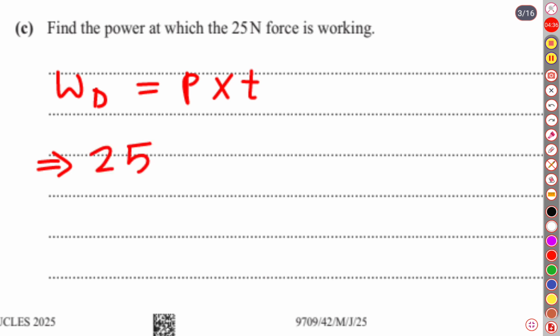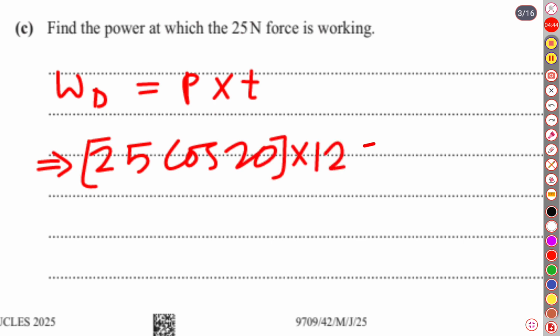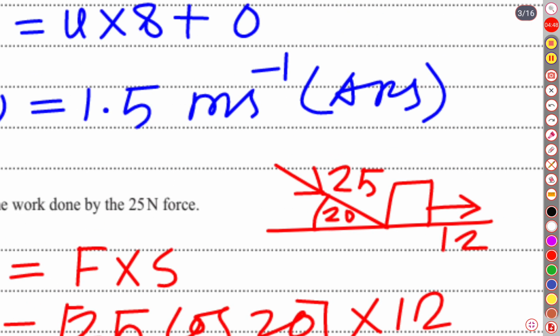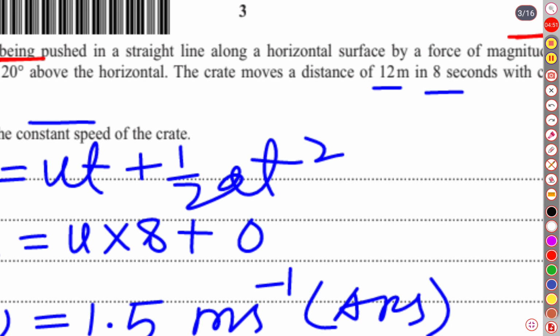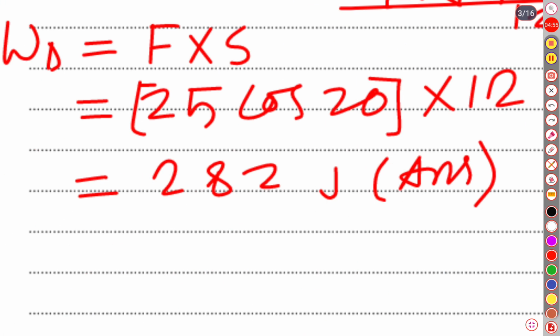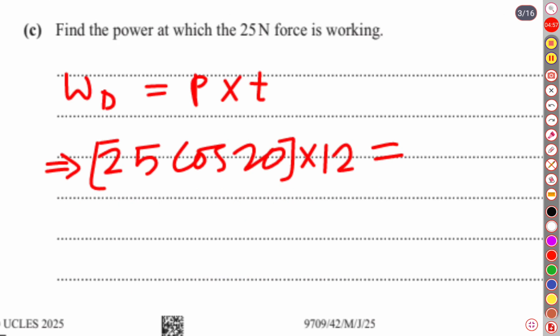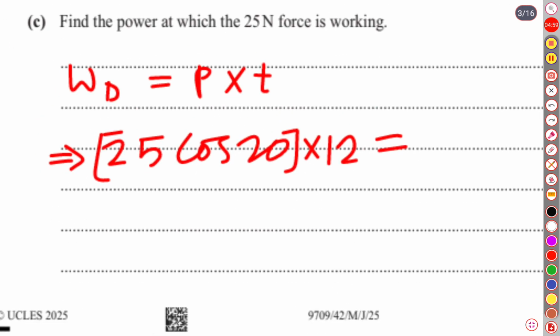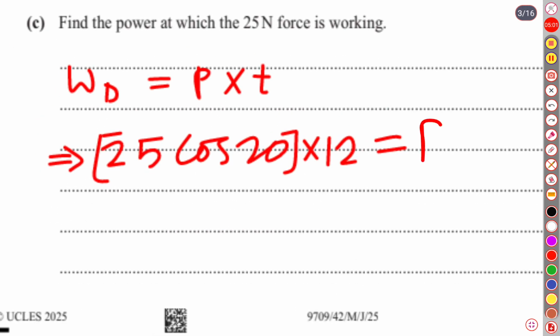25 cos 20, which should be multiplied by 12, and power is to be obtained, and time is 8 seconds. From the question we have seen that it took 8 seconds to travel 12 meter, so we will multiply by 8 seconds. P into 8.